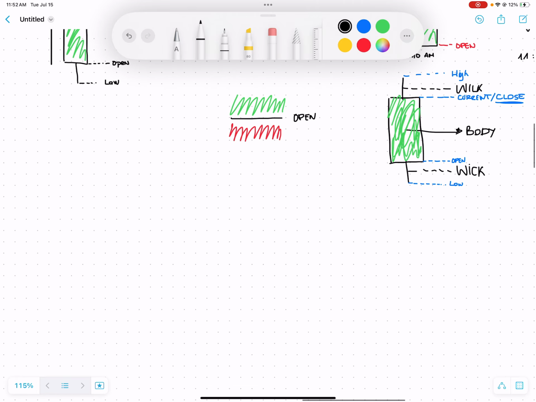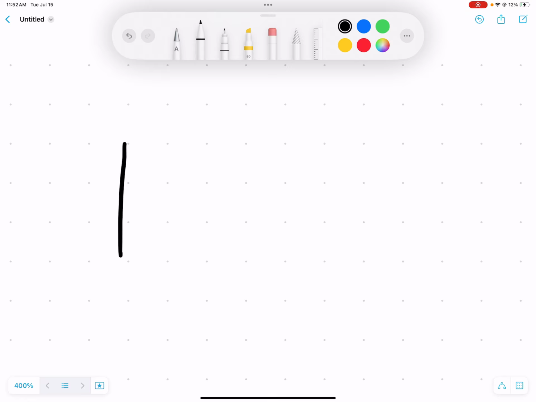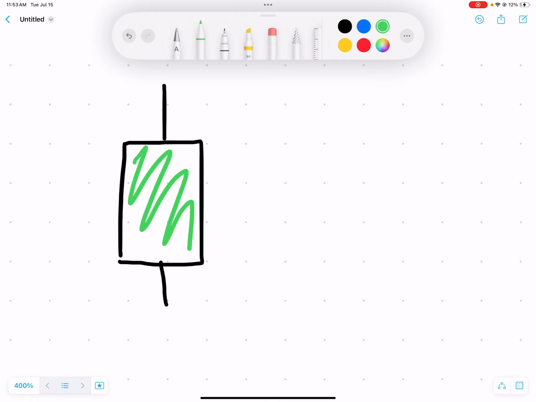Last thing I want to talk about when it comes to candlesticks is whenever you have a candlestick that's green, meaning it's going up, we don't say the candlestick is going up. The name we give these candlesticks is bullish. Whenever you hear someone say bullish, or the market is bullish, or the candlestick's bullish, it means the price is going up.